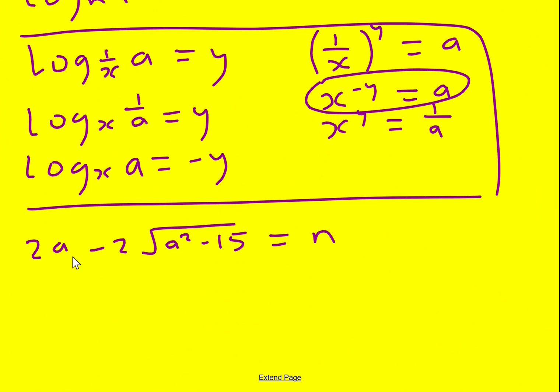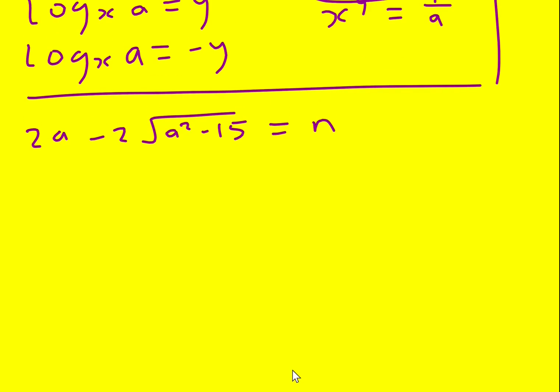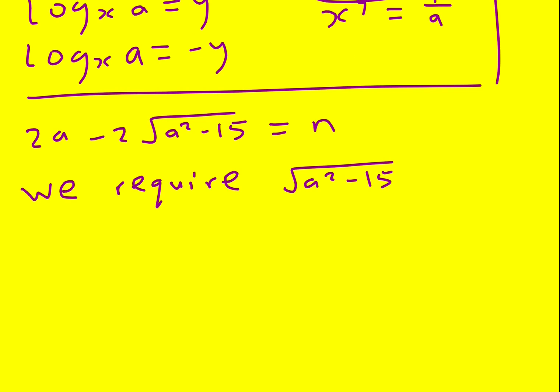Now, if a is an integer here, then it's absolutely fine, but we need this to be an integer. We require the square root of a squared minus 15 to be an integer. We can actually just focus on this now.